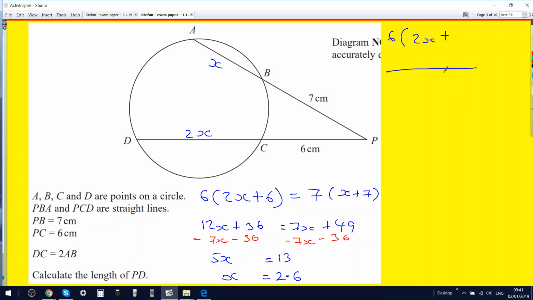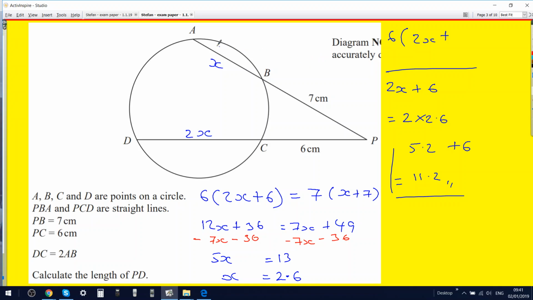So 2 times 2.6 is 5.2. And then 5.2 plus 6 is 11.2. That's it. Well done.